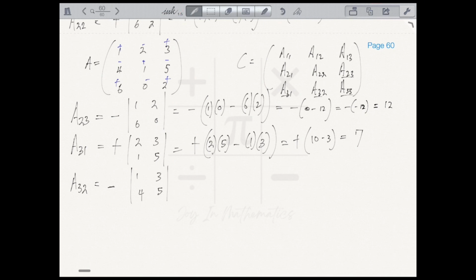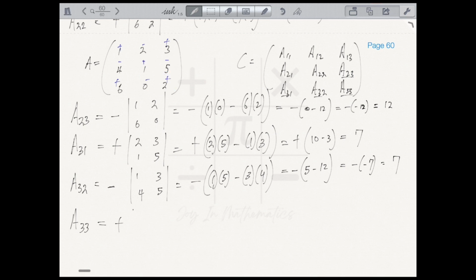That will be negative of 1 into 5 minus 3 into 4. So we'll have negative of 5 minus 12. So this will give us negative times negative 7, which is 7.